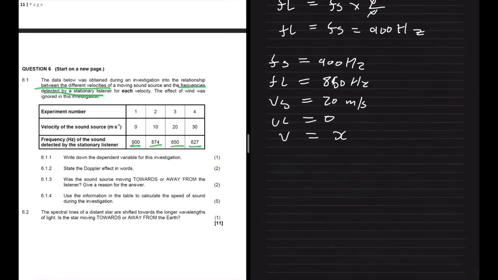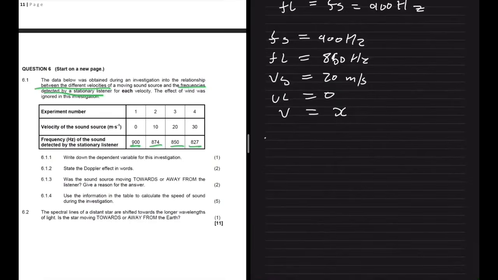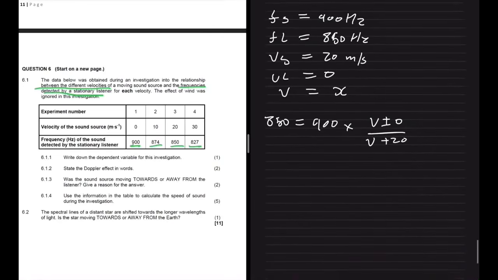So let's plug that into the equation: 850 equals 900 multiplied by (v plus 0) divided by (v plus 20). We use a plus because the source is moving away. If the source was moving towards, we would have a subtraction on the denominator.